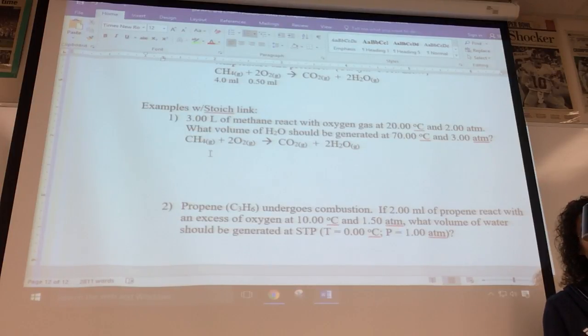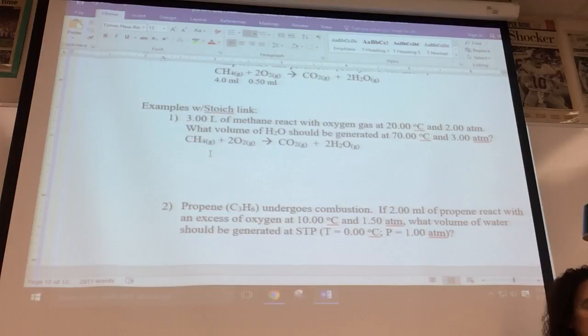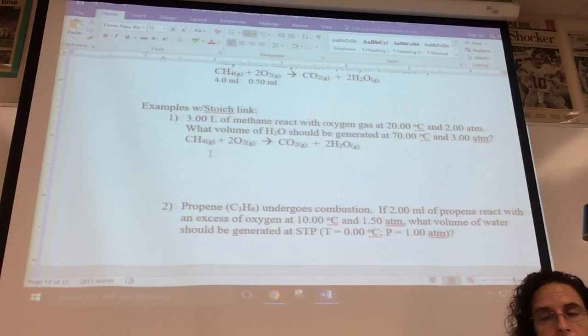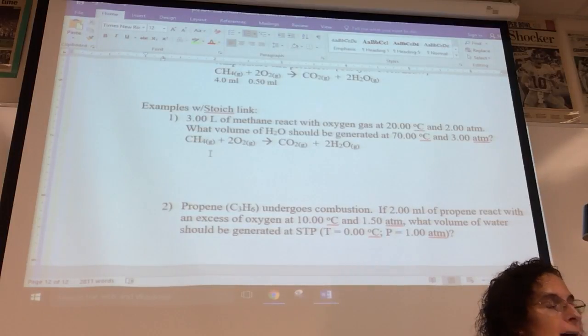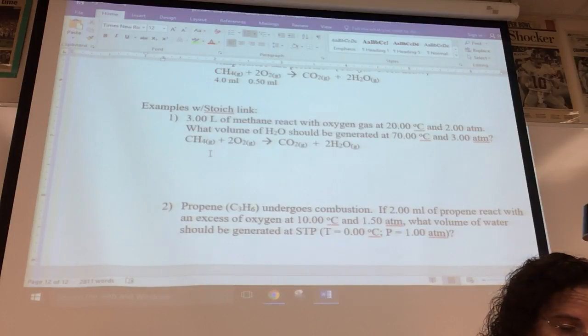And that's what I can't really emphasize enough, is reading critically so you can see the key words so you know what to do when. So in this particular problem, you're given information about one gas and you want to find out about the other gas. And this is where you have to be very, very careful.